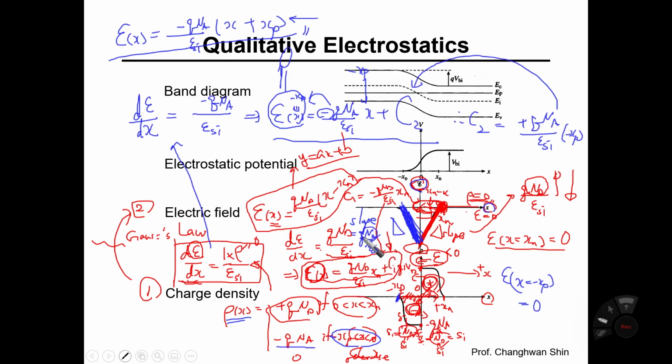So depending on the doping concentration on the P side, the slope in the E versus X plot should be determined. So for a given PN junction diode, the acceptor concentration and donor concentration are the key parameters for how the electric field intensity would be modified along the x direction.